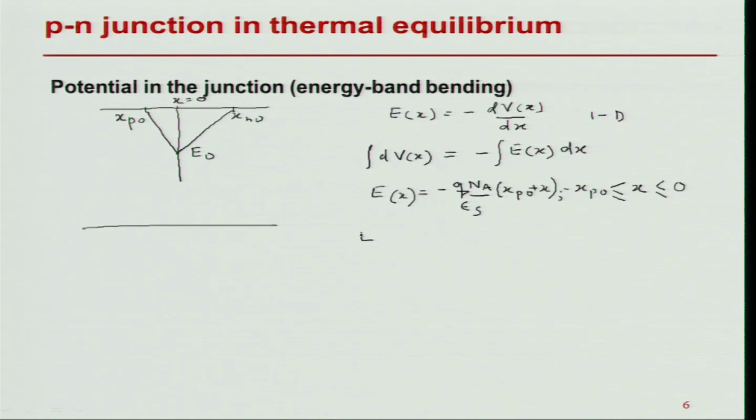And similarly, we can define the field in the n type region, the line that gives the electric field in the n type region, which is defined for values of x greater than or equal to 0 and less than or equal to x n o.